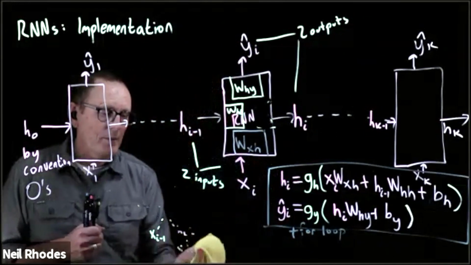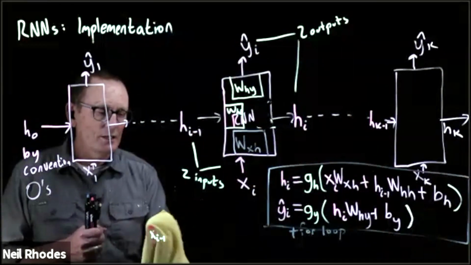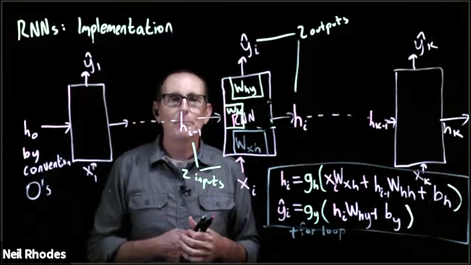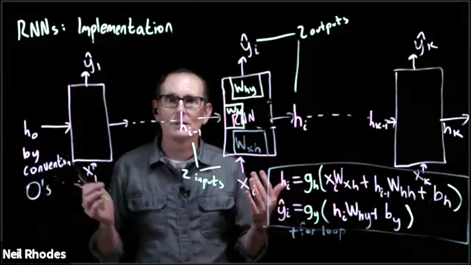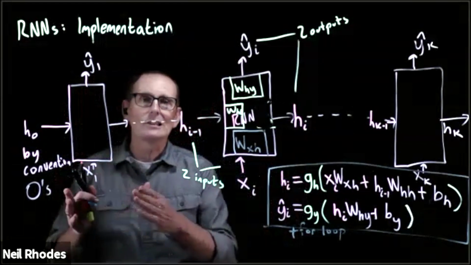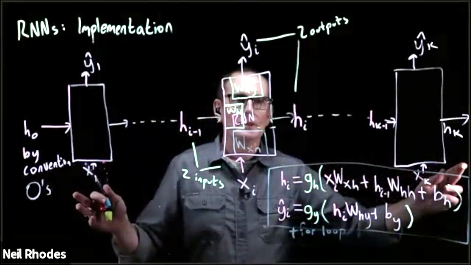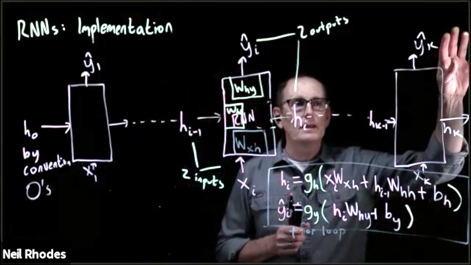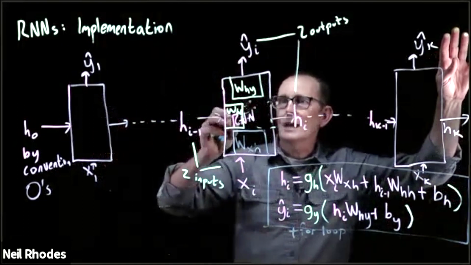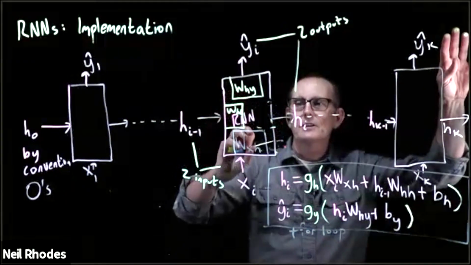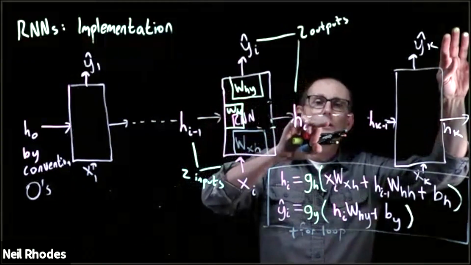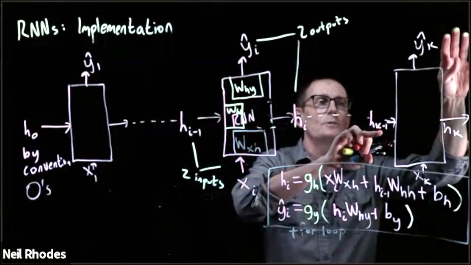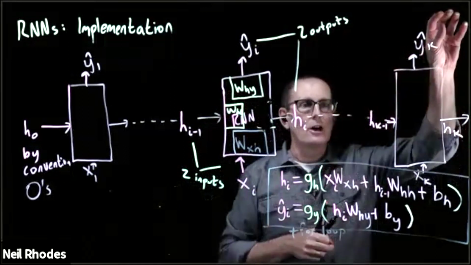We're going to talk about backpropagation and how you do the training for RNNs. It's something called backpropagation through time. The basic idea is we just do the same backpropagation we normally do. If we have a long sequence and we have a loss for, let's say, y hat sub k, and we look at one of these matrices, there's a path to these matrices through all the h sub i's: h sub i plus 1, h sub i plus 2, all the way to h sub k minus 1, to the y hat, to the loss.